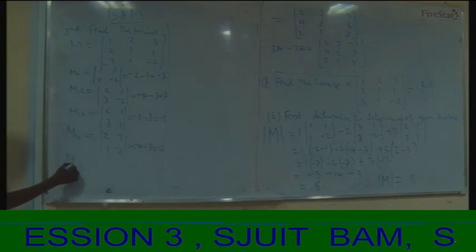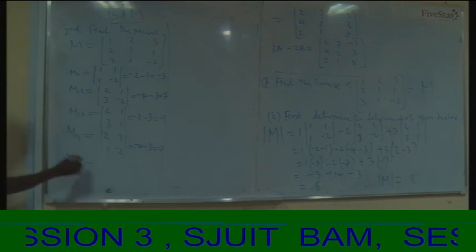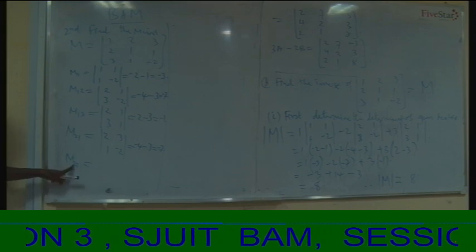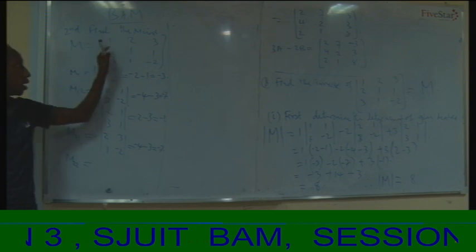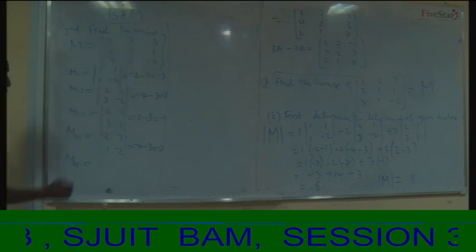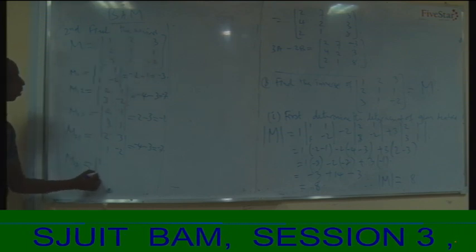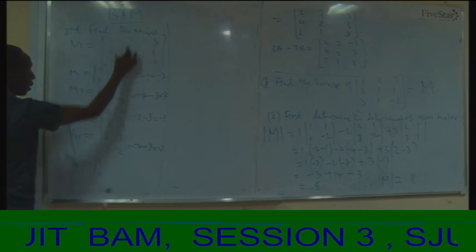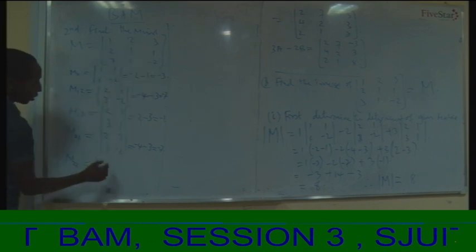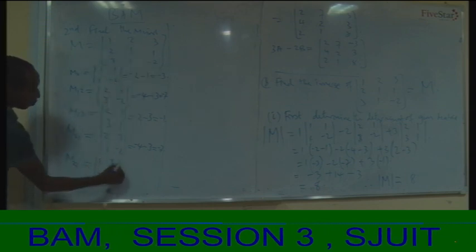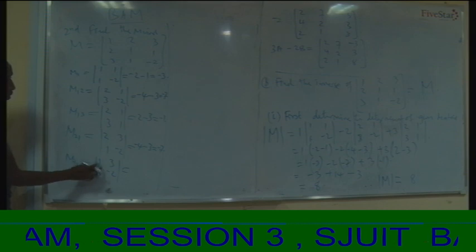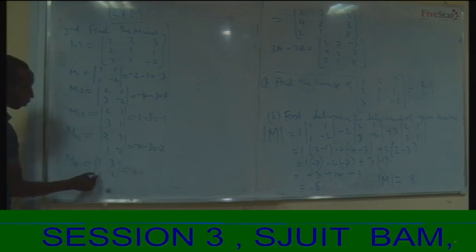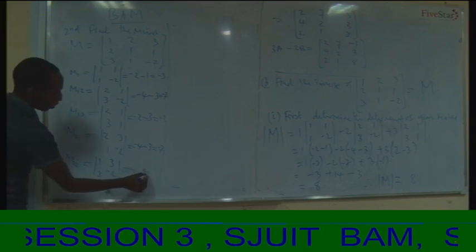And then we need to find M22, that is the determinant obtained by deleting the second row and second column. We remain with 1, 3, 3, negative 2. So the determinant here is simple. It's just 1 times negative 2, which is negative 2, minus 3 times 3, which is 9, and the answer is negative 11.